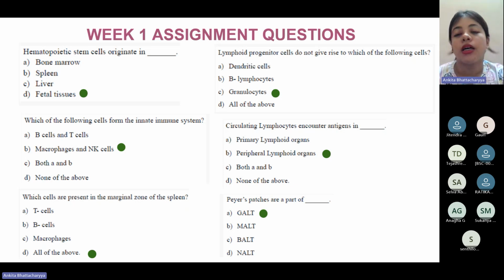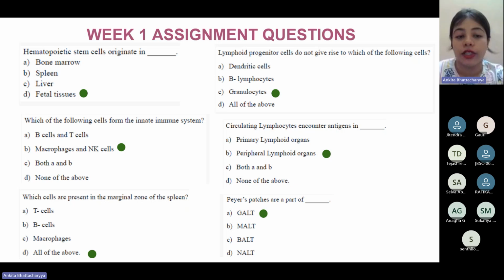But the cell types that cannot be derived from the lymphoid progenitors are the granulocytes. So dendritic cells can be generated by both. B lymphocytes are definitely derived from the lymphoid progenitor. Granulocytes cannot be generated from the same, and therefore the correct option was granulocytes.